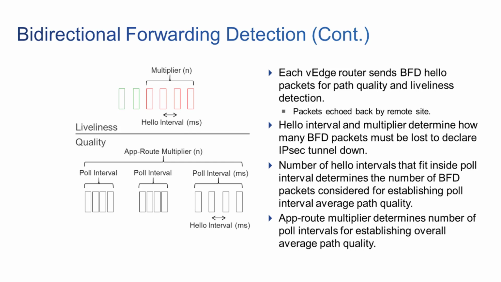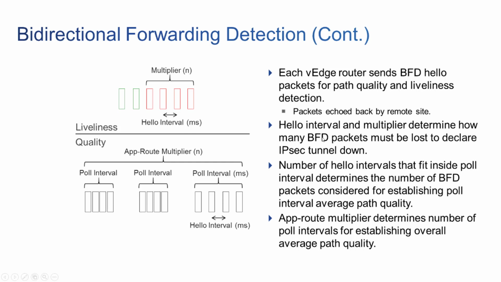These are default values, but we can apply a BFD feature template to a device to modify these settings. So if I don't receive, for example, a hello after 7 seconds on a vEdge hardware platform, I'm going to consider that that link has failed. We can use the multiplier command in CLI if we're doing a CLI adjustment, or we can adjust it through the use of a template.